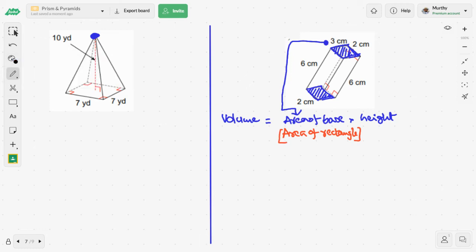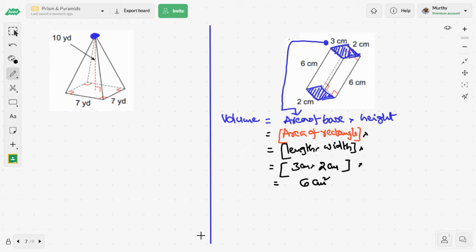You know how to find the area of a rectangle, which is length times width, right? So what are the length and width? You see that length is 3 units here, which is 3 centimeters, and width is 2 centimeters. 3 times 2 gives me 6 square centimeters.